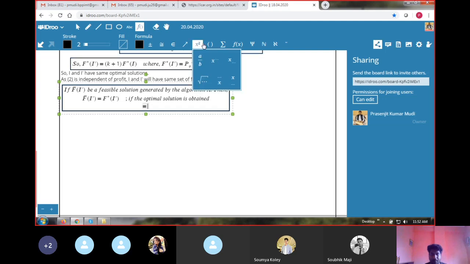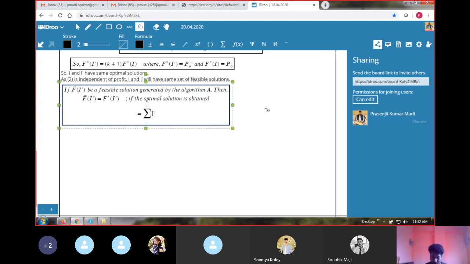So it is nothing but summation over k plus 1 into pi, let's say profit is pi, where i belongs to 1 to some L. Because it's a knapsack problem, let's say we are given n objects corresponding to n profits p1, p2, dot dot dot, pn.